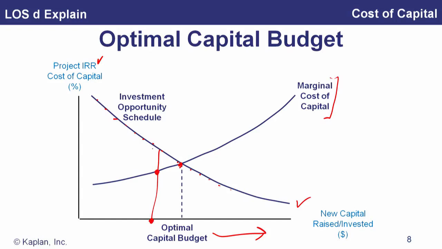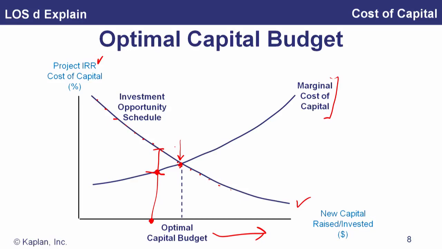Well, at that point, our IRR is greater than our weighted average cost of capital. So that's a positive NPV project. And they are all positive NPV projects until we get right here. That project there would have a net present value of 0.